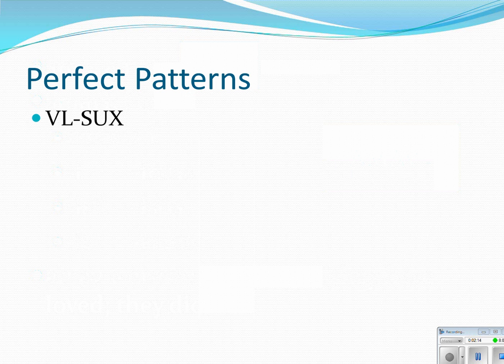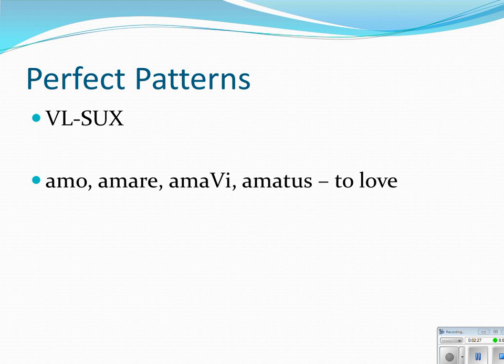There are a few patterns that help you differentiate between a perfect tense verb and a present tense verb. And one way to remember them is VLSUX. V stands for the letter V, as in amo, amare, amavi, amatus. There's a V in the third principal part, in the perfect stem, that shows you that it's perfect instead of present.